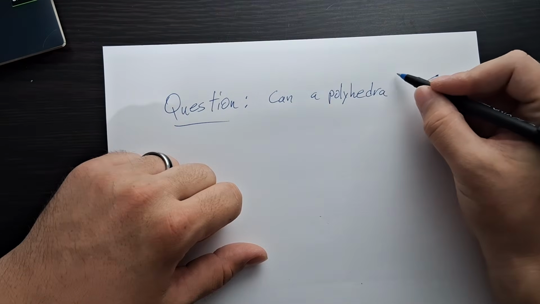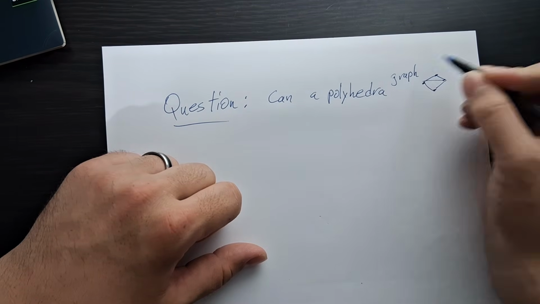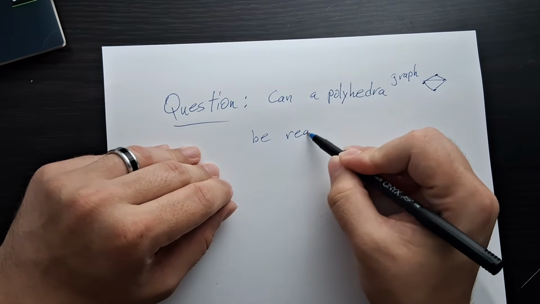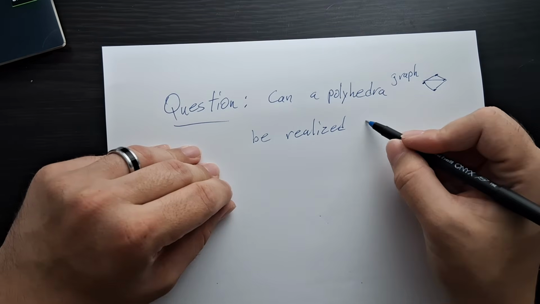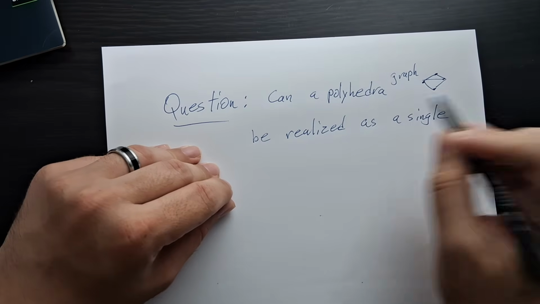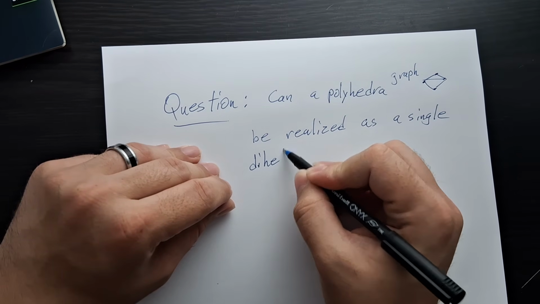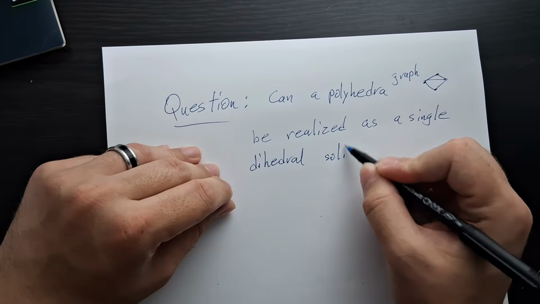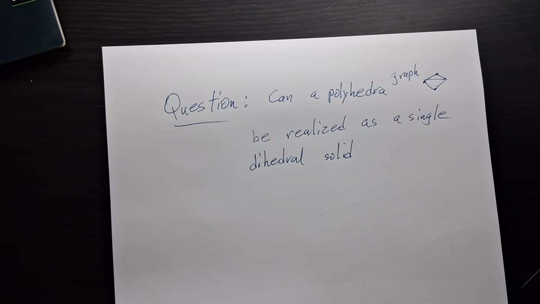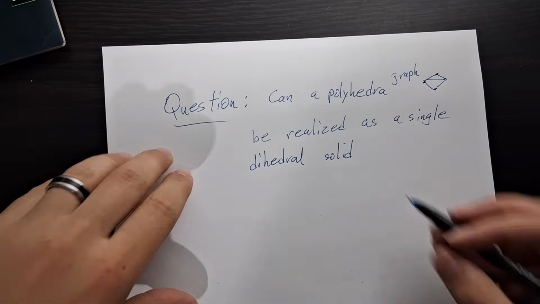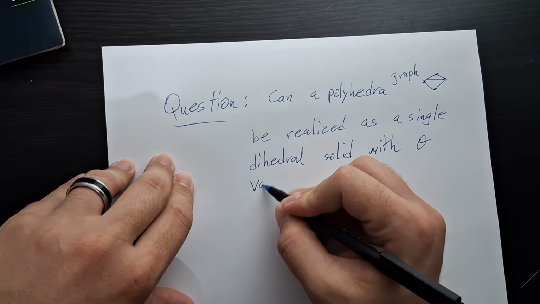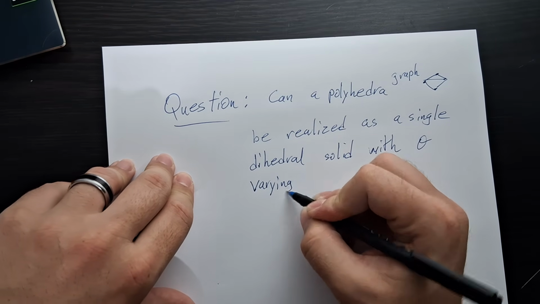Can a polyhedra graph, just the graph of the polyhedra, be realized as a single dihedral solid with a continuous family of different dihedral angles, with theta varying continuously?